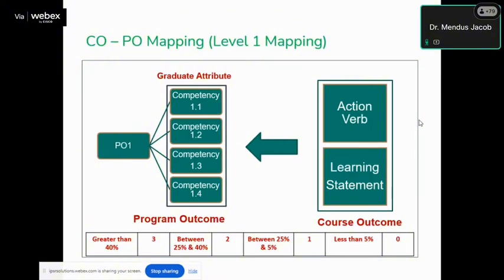And even if there is a slight difference in the mapping, that will not affect much the calculation of attainment, because when we implement OB in full sync, in a proper way, you need n number of activities. You need more activities so that minor variations in the mapping will not affect your attainment calculation. Okay, so this is the way we can map the COs with the POs.